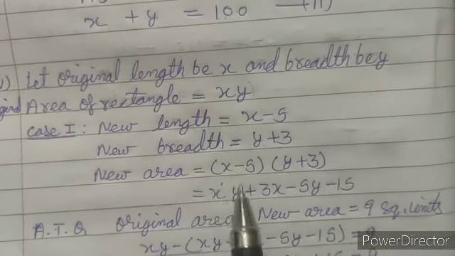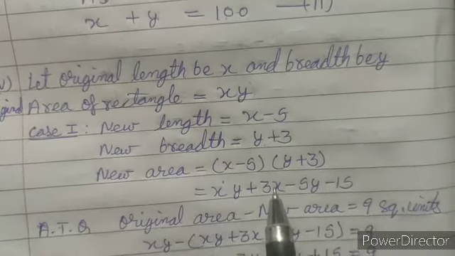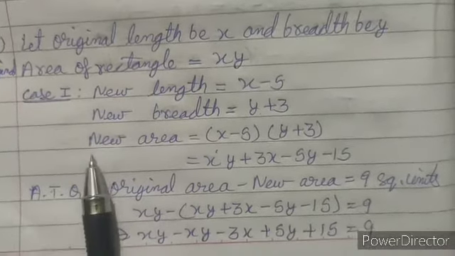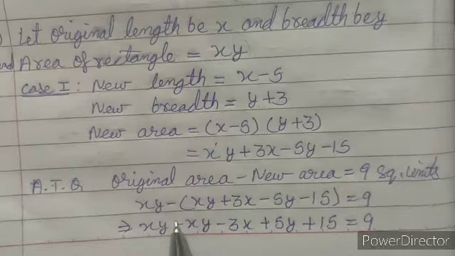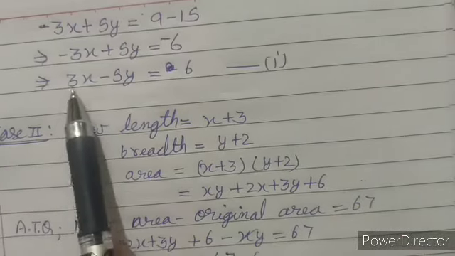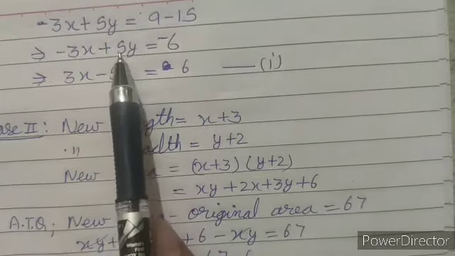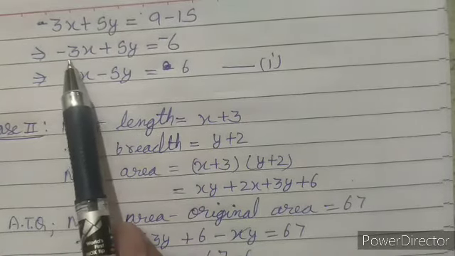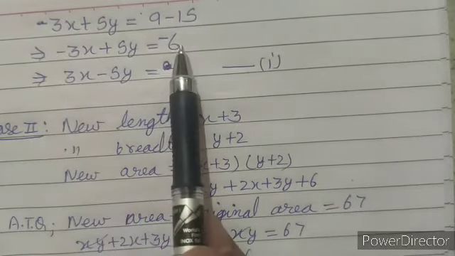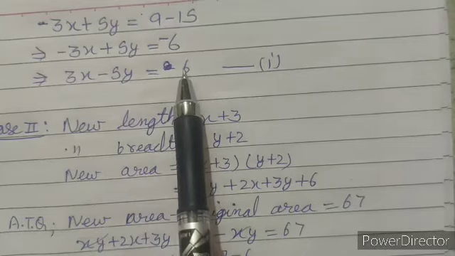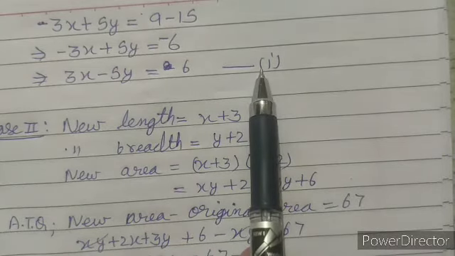That will be xy minus the quantity xy plus 3x minus 5y minus 15 equal to 9, and that will give us minus 3x plus 5y equal to minus 6. On multiplying both sides of the equation by minus 1, we will get 3x minus 5y equal to 6. This is the first equation.